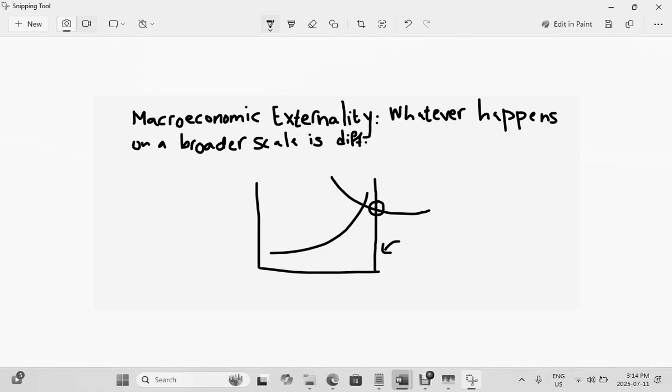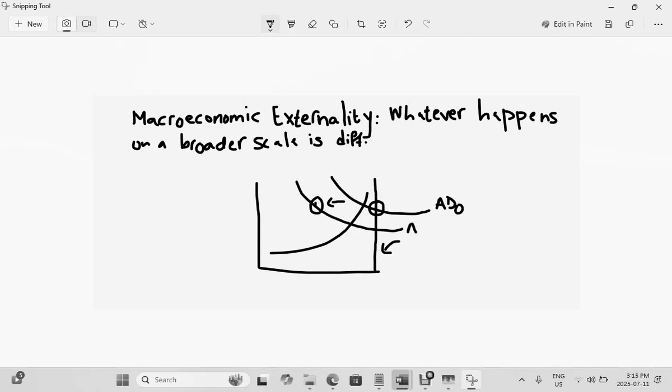However, because of an economic factor, and we talked about economic factors in the last video, this aggregate demand curve may shift to the left. Suppose this is AD0 and all of a sudden it becomes AD1, with a new equilibrium over here.